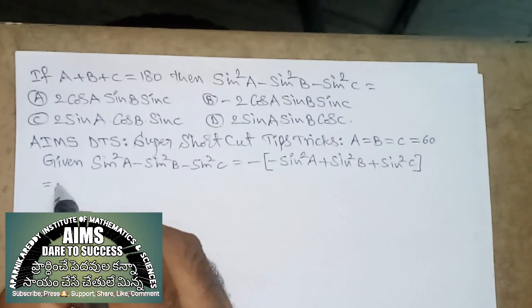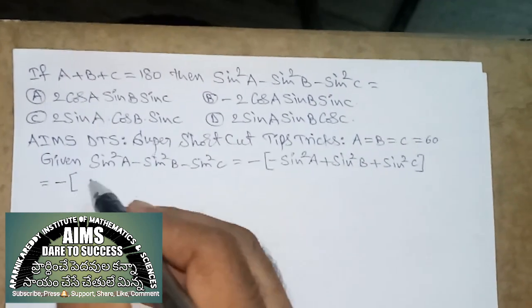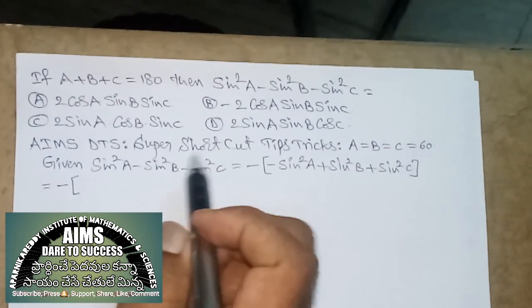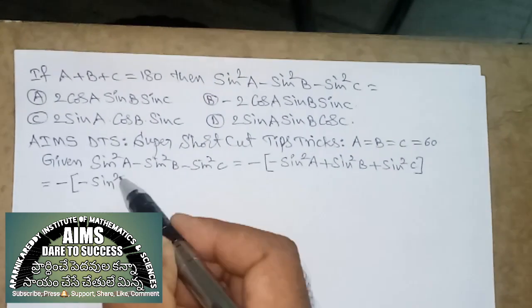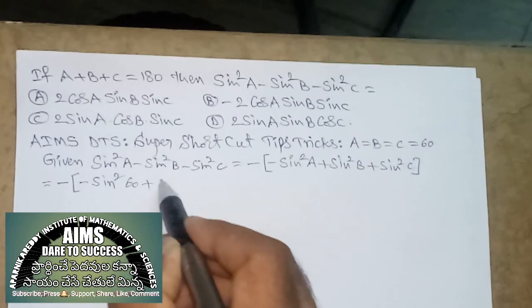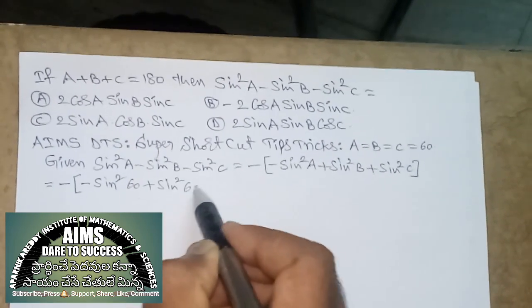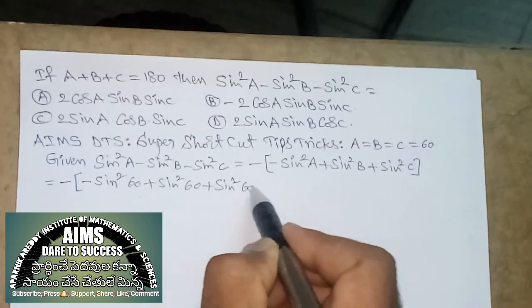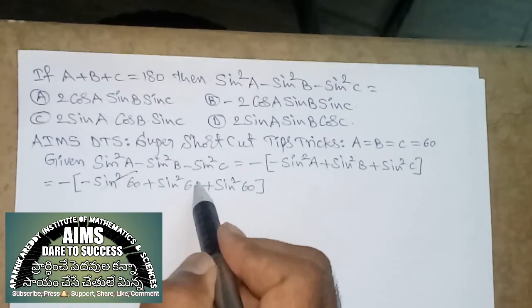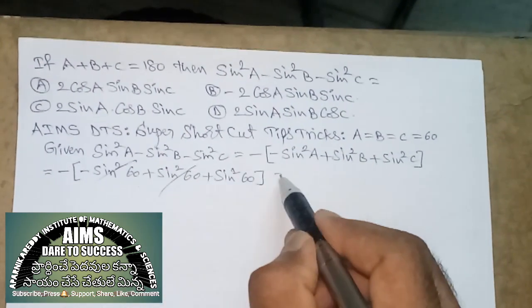After taking minus outside the bracket, I substitute the A, B, C values here. So we get minus, sin square 60 plus sin square 60 plus sin square 60. Sin square 60 and minus sin square 60 get cancelled.